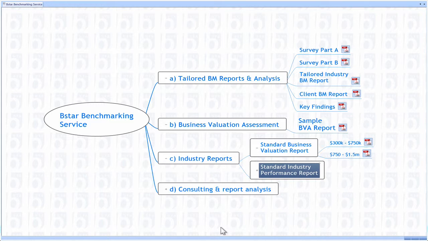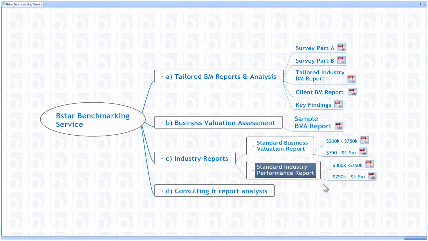So let's now have a look at the industry performance report, and I've run these reports using the same revenue ranges as I did for the valuation reports. So I'm going to bring up for you now the 18 key performance indicators that we track for a firm turning over between 300 and 750k.